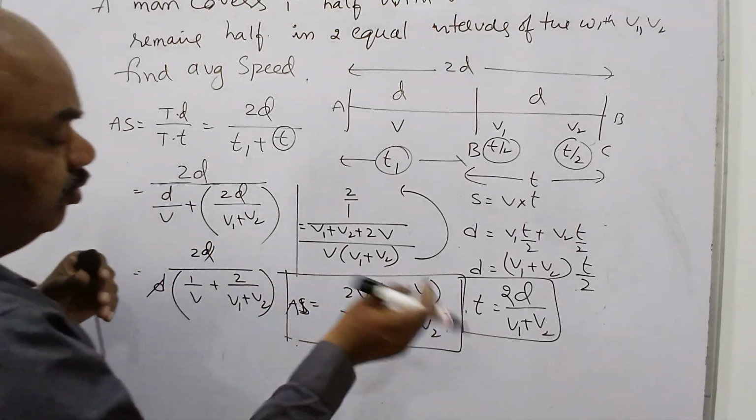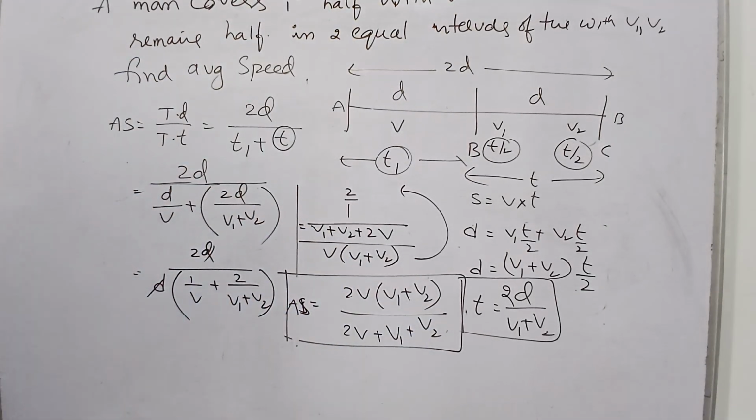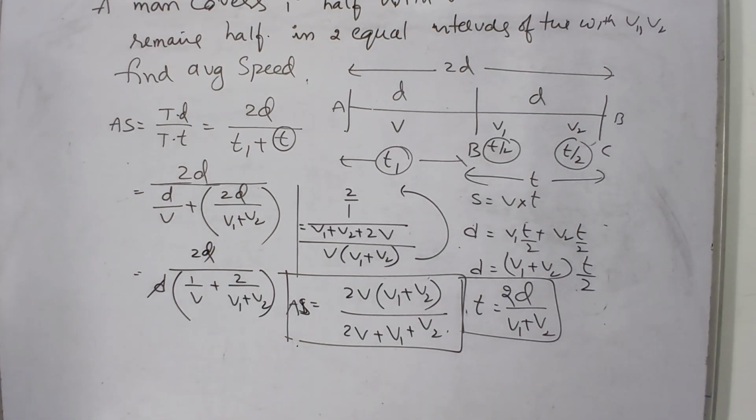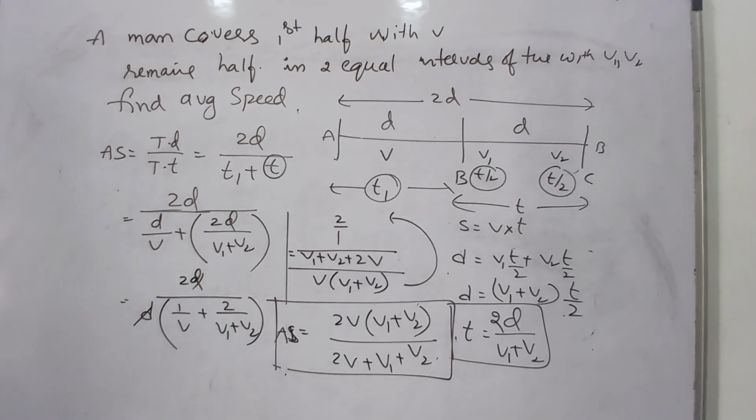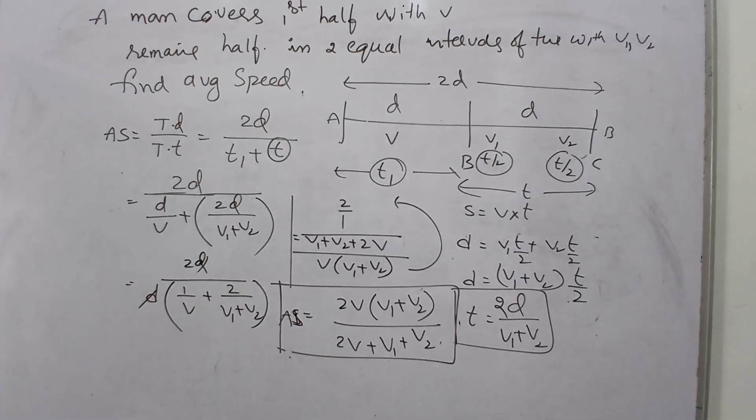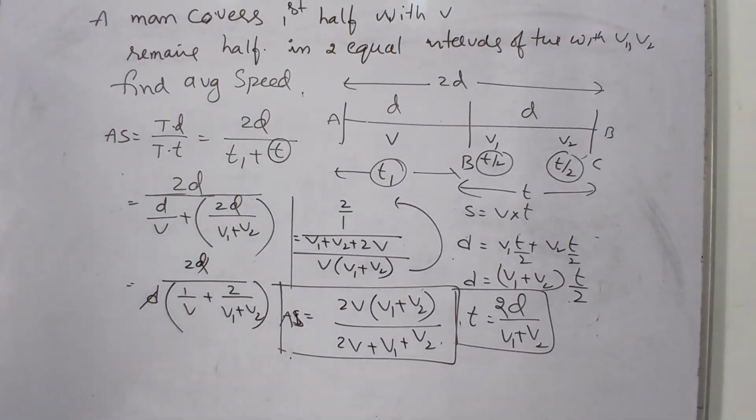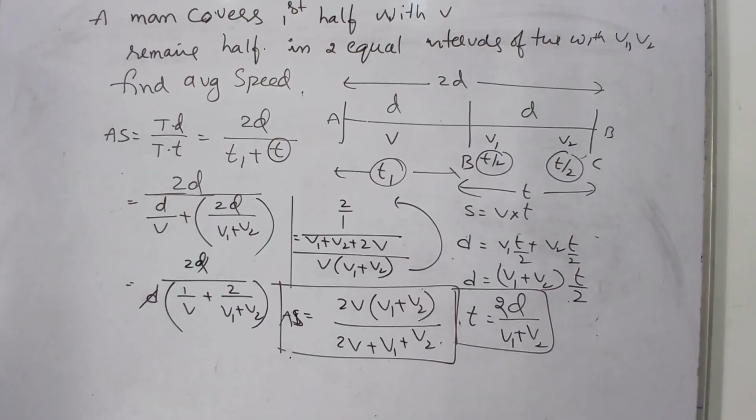LCM, we get 2v into v1 plus v2 by 2v plus v1 plus v2. This is also a very important formula here. First half distance with v speed, next half distance with 2 equal intervals of time. Then what is the average speed? Direct formula: 2v into v1 plus v2 by 2v plus v1 plus v2, where v is the speed in the first half portion and v1, v2 are the speeds in the second half distance.